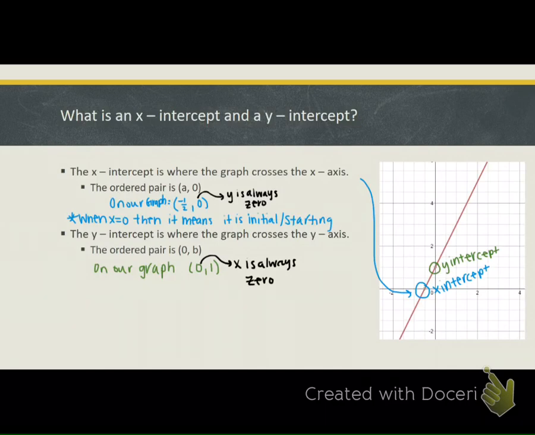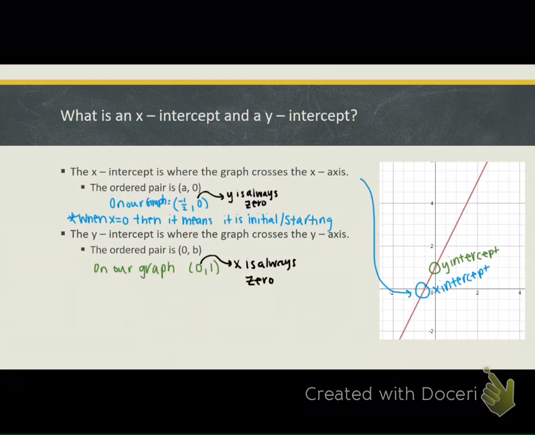If it's a y-intercept, x is always 0, and if it's an x-intercept, y is always 0. When you're ready, go ahead and flip to the next page so I know you're ready.